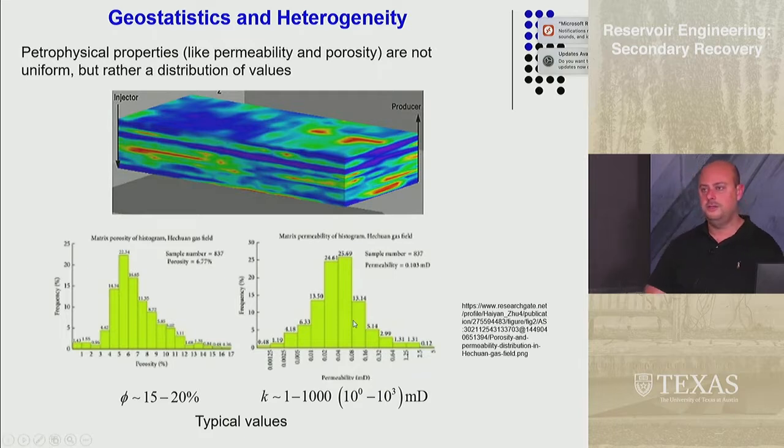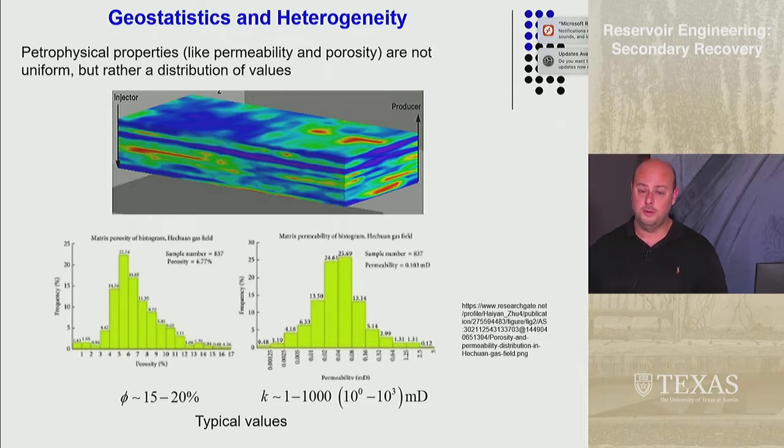Permeability varies a whole lot. It varies from reservoir to reservoir. It also varies within the reservoir. So a typical reservoir, maybe a sandstone reservoir, might be from 1 to 1,000 millidarcies in different parts of the reservoir, right? Depending on what layer you're at and what location you're at.